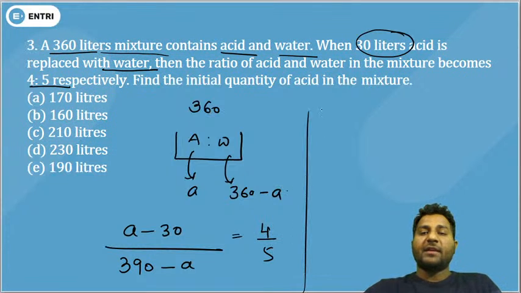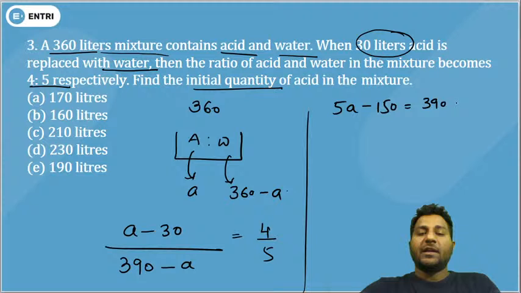So let's cross multiply. Find the initial quantity of acid. They are asking about the initial quantity of acid. So 5A minus 150 equals 390 into 4 minus 4A. So 9A equals 390 into 4 minus 150.